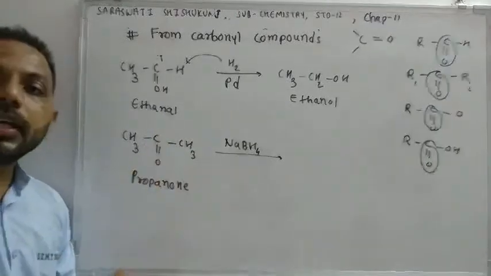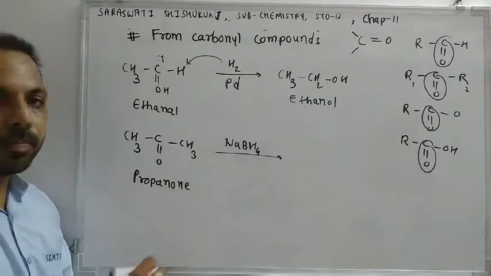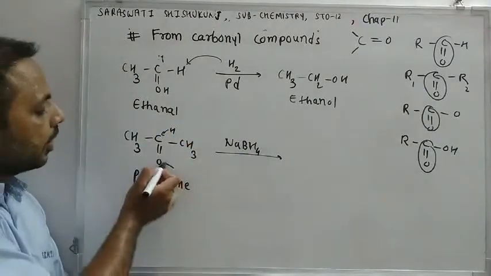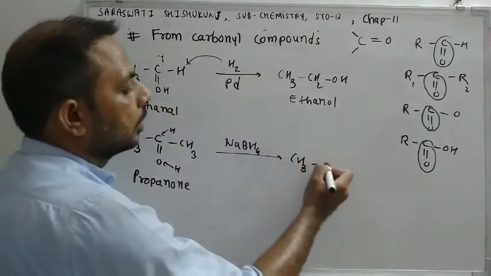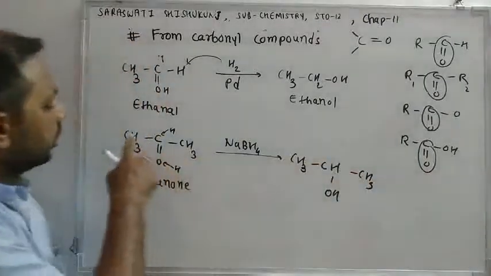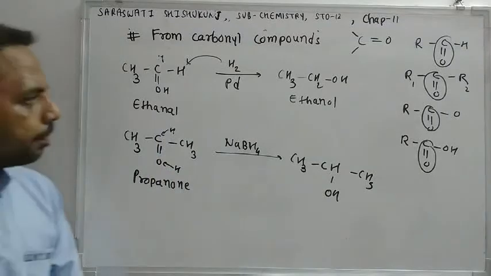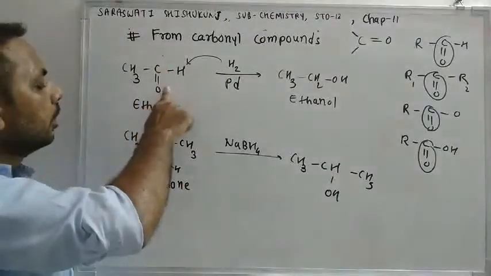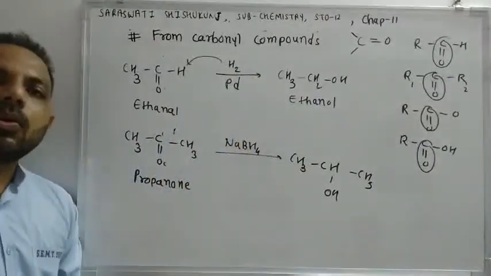And if the ketone is getting reduced, what is the shortcut for the reduction? Hydrogen is added here and one hydrogen is added here. So we will get CH3CHOHCH3. Now you can see that if an aldehyde is reduced, we get a primary alcohol.